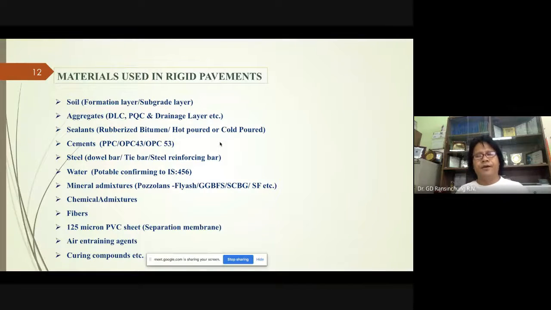Therefore, the use of silica fume is not preferred unless the situation is in very dire conditions. Fly ash, however, is abundantly available, and rather it is a waste material.